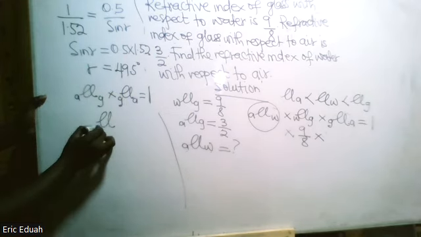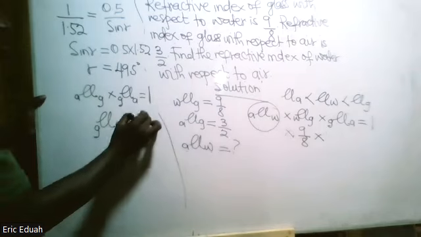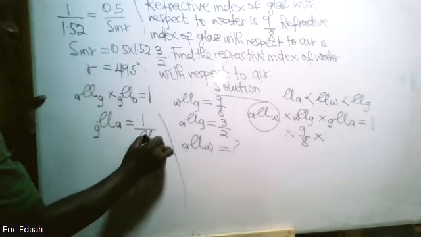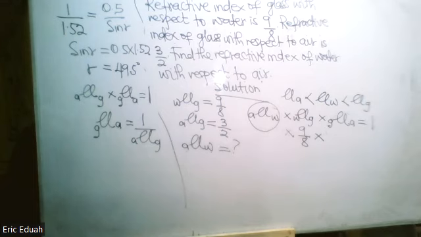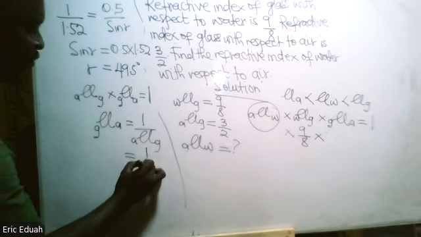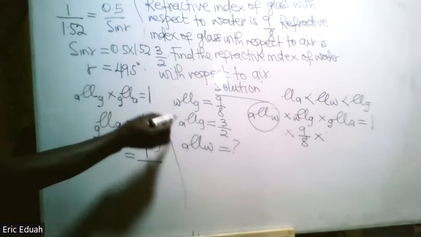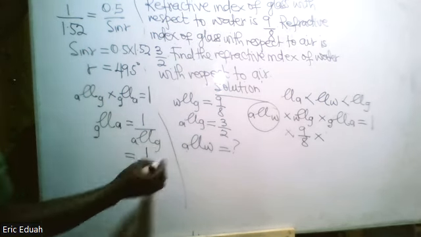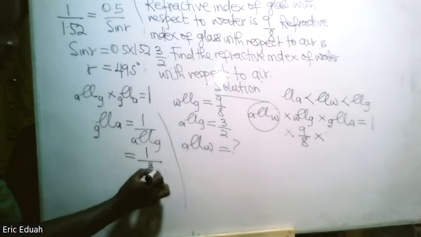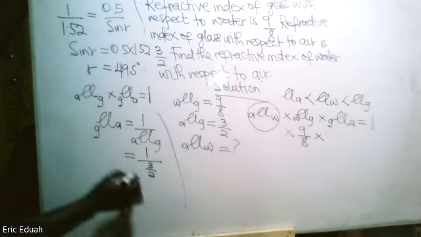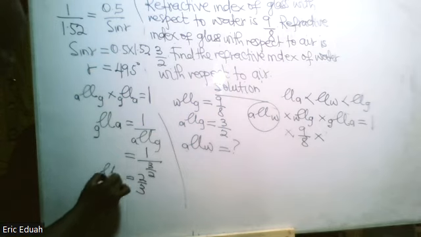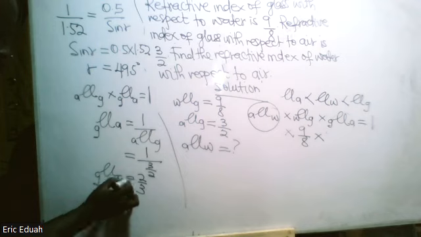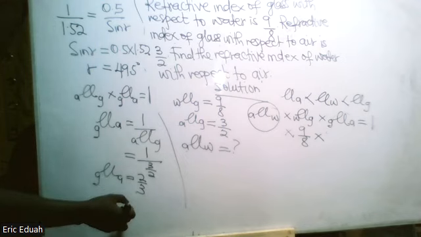Mu from air to glass is equal to 1 over the refractive index of glass with respect to air. Let's put in our values. This is 3 over 2, and so it means that this will be 2 over 3.